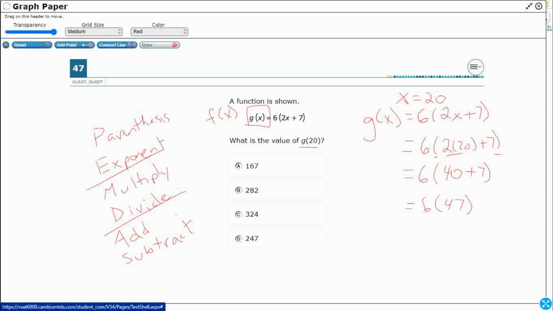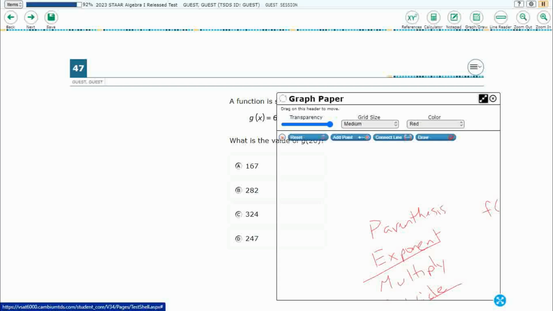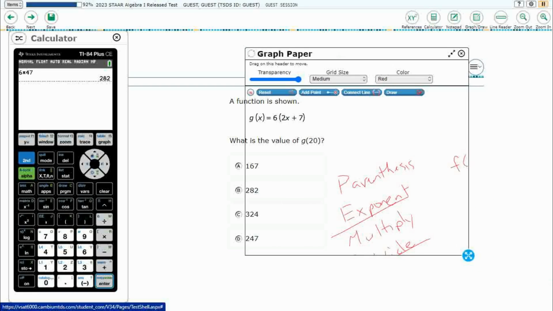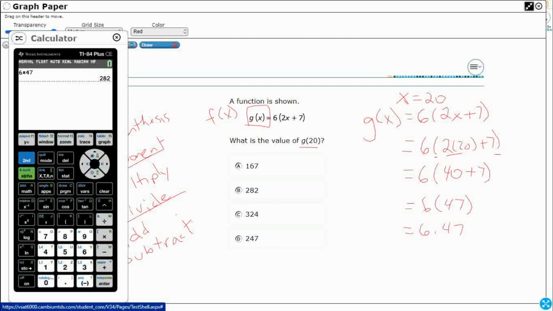It's just 6 times 47, and let's see, we can open up a calculator to do that, or we can do it by hand if we want to. 6 times 47. Okay, 282. So it looks like we've got a 282.